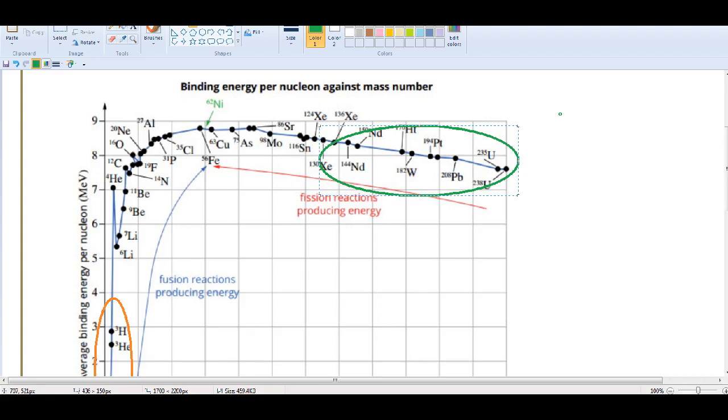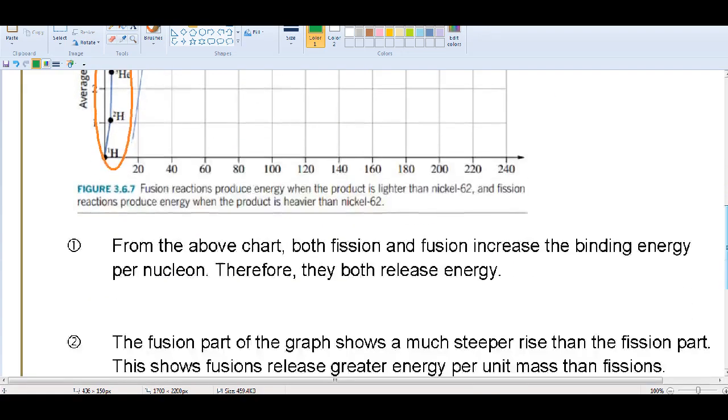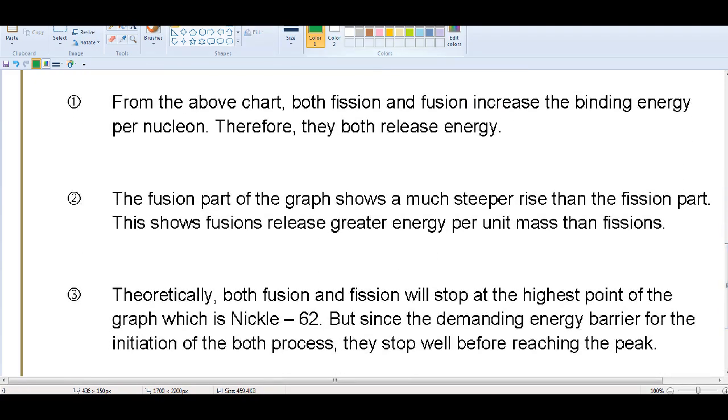So the change in energy is not that significant per nucleon.